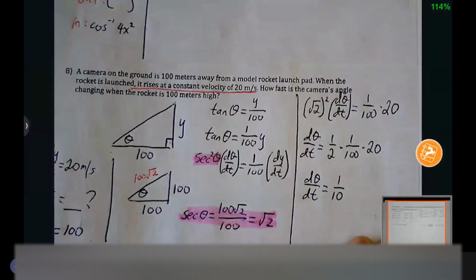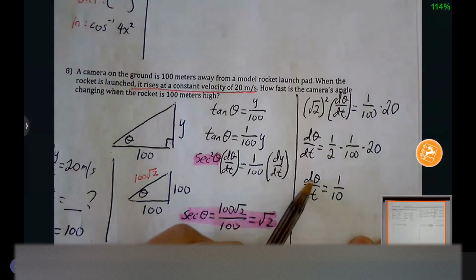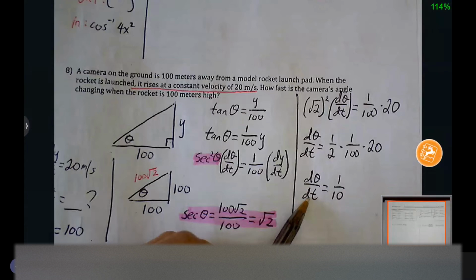And what's our unit of measure? Radians. Good. Theta is always radians. Time, in this case, is seconds.